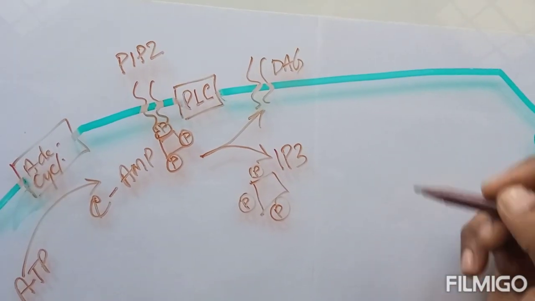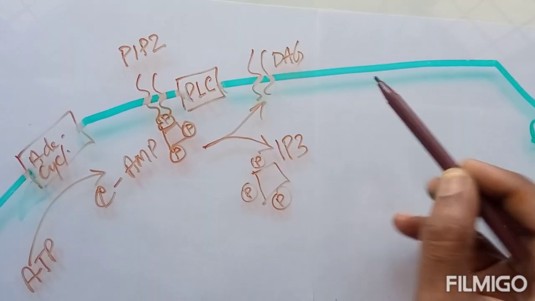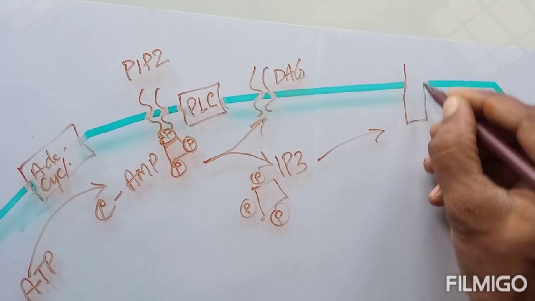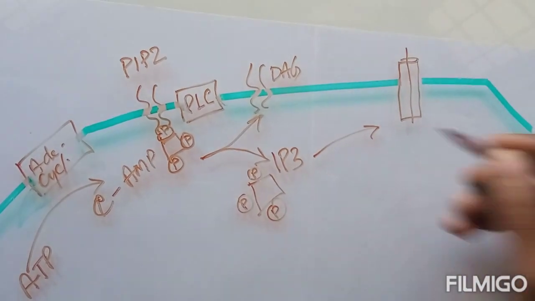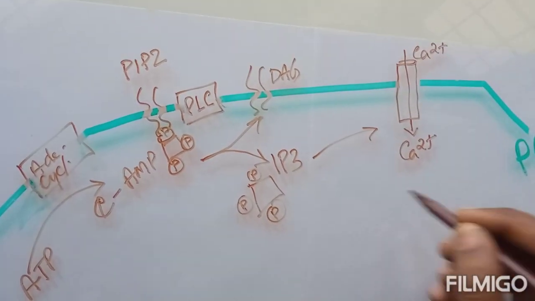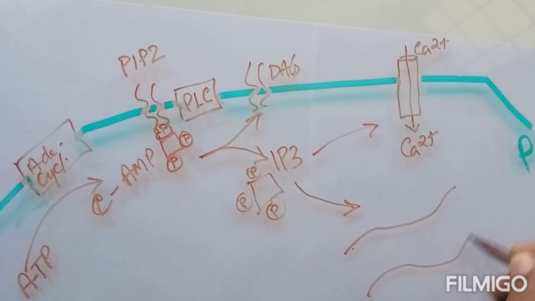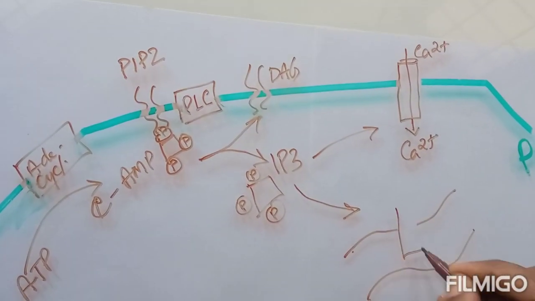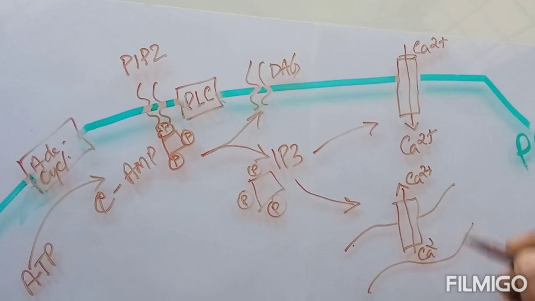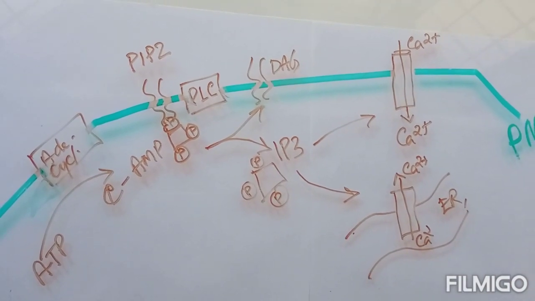Now, diacylglycerol, being a hydrophobic part of PIP2, remains attached to the plasma membrane. Now, IP3 can activate or open calcium channels in the plasma membrane so that calcium ions can get into the cytoplasm. IP3 can also mobilize internal stores of calcium by activating calcium channels in internal stores like endoplasmic reticulum or sarcoplasmic reticulum, or vacuoles in the case of plant cells.